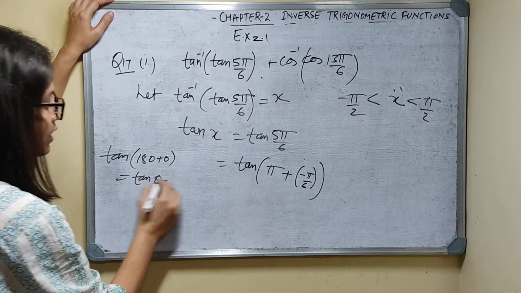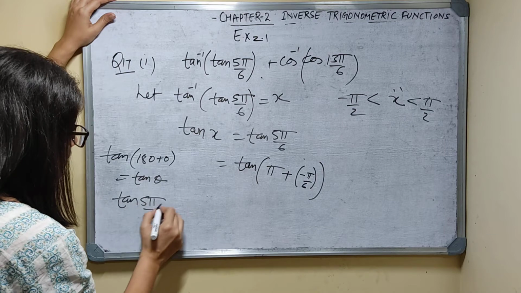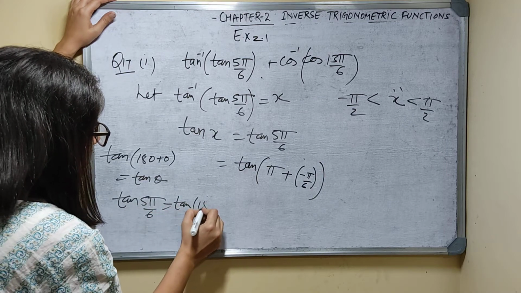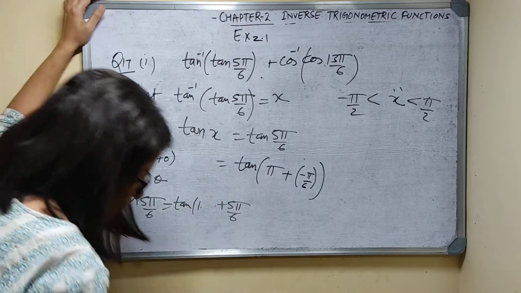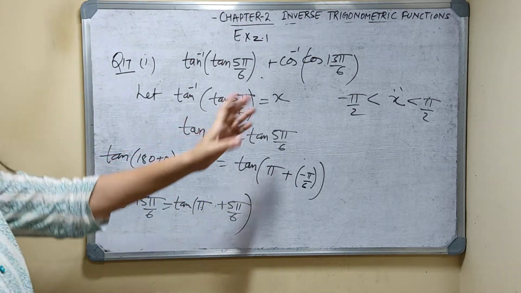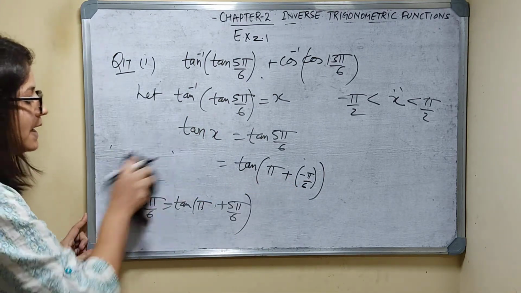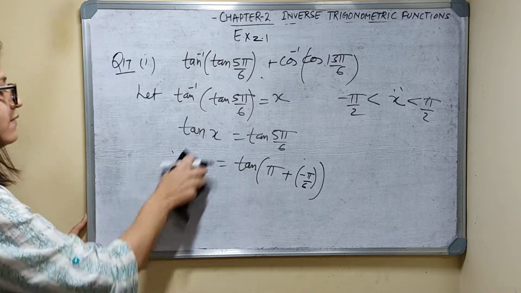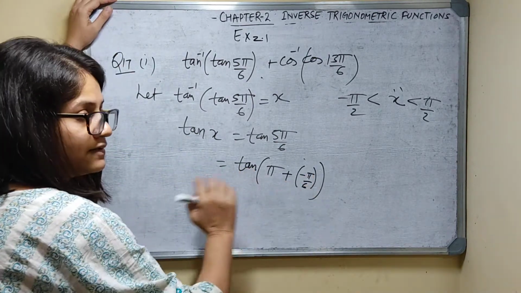So I can't write tan 5 pi by 6 as tan of 180 plus 5 pi by 6, because I will get a very large value, and I want values between minus pi by 2 and pi by 2. So I have to write a negative value here: tan of pi plus minus pi by 6.